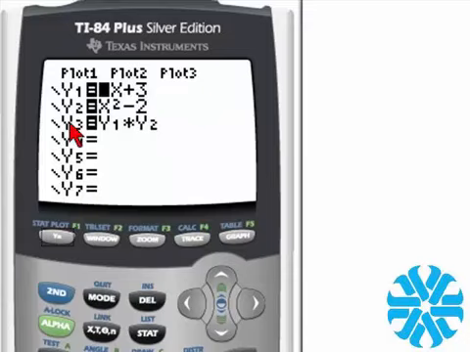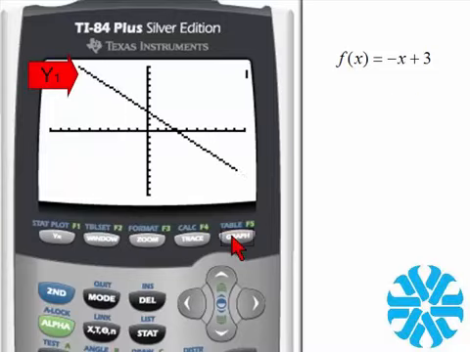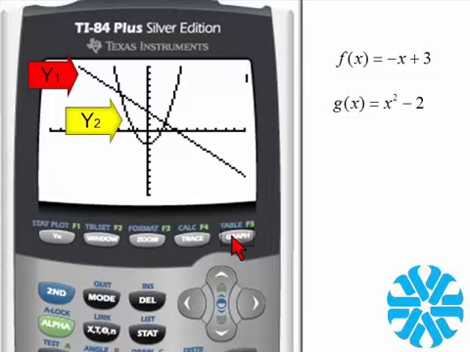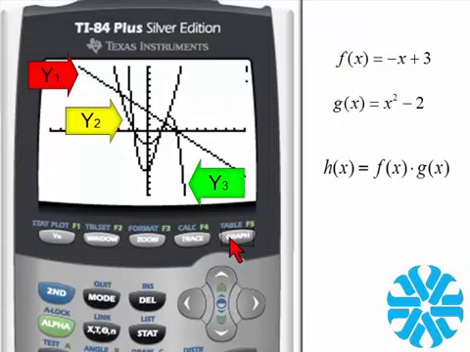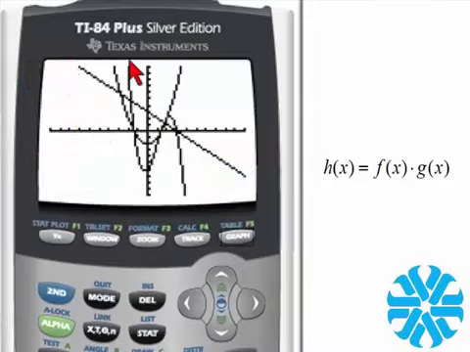Okay, so this product is going to be a cubic function. So if we go ahead and go to the graph button, there's our linear function, here's the parabola, and then we have our cubic function. So here is the cubic function. All right, so that's the product of this linear function and the parabola. The product of those two gives us this cubic right here.